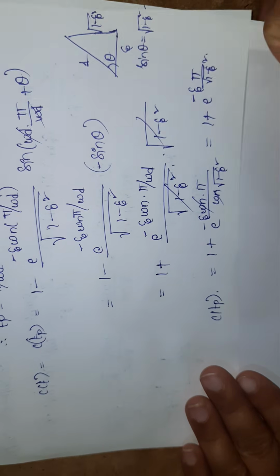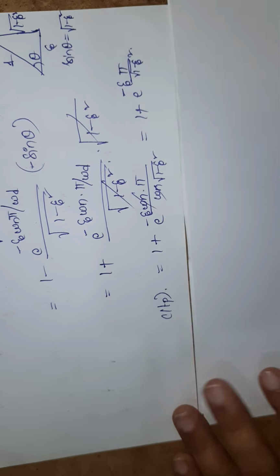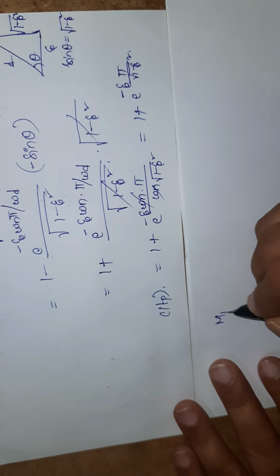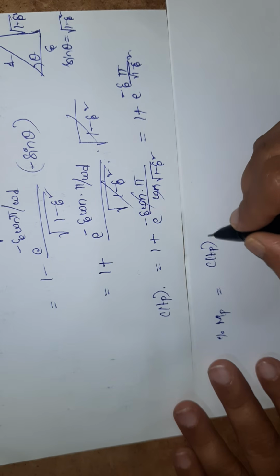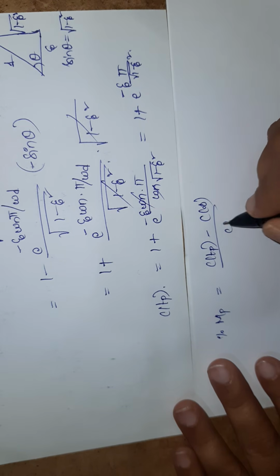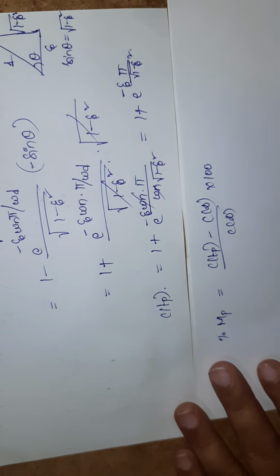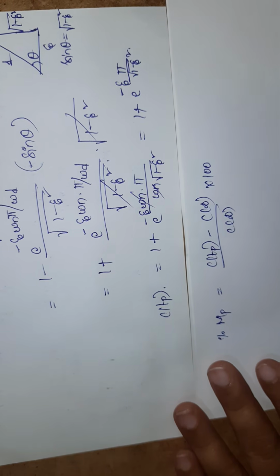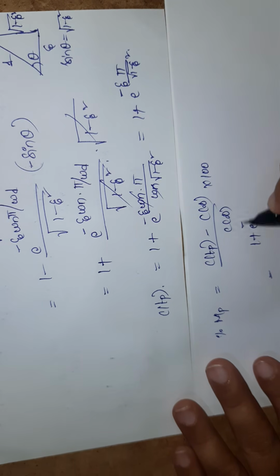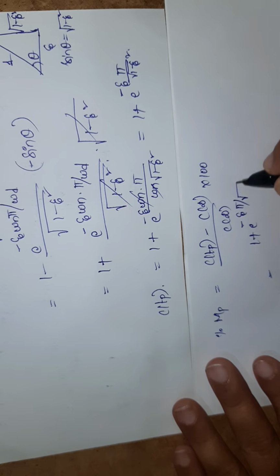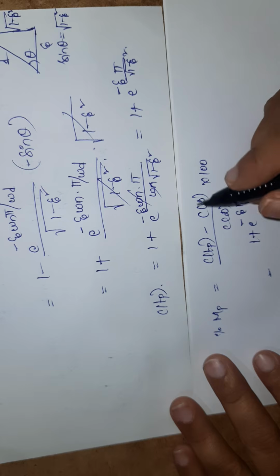Now I want to calculate the maximum peak overshoot, Mp percentage, and the formula is c of Tp minus c of infinity divided by c of infinity into 100 percent. So what is c of Tp? I got this one, 1 plus e power minus zeta pi by square root of 1 minus zeta square. And what is c of infinity?